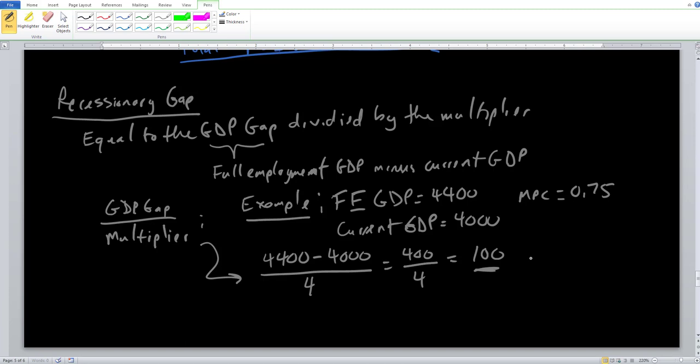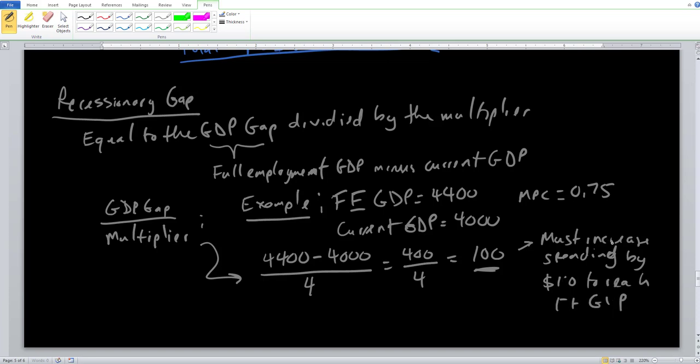And what does this positive 100 tell us? It tells us that we must increase spending by $100 in order to reach full employment GDP.